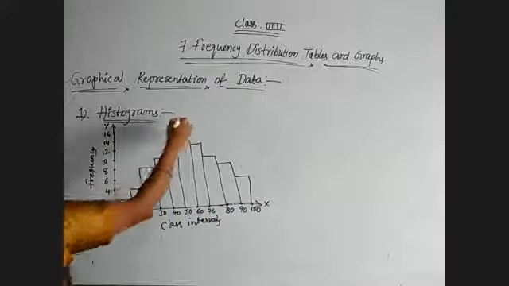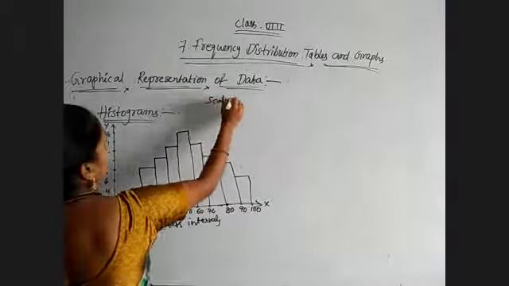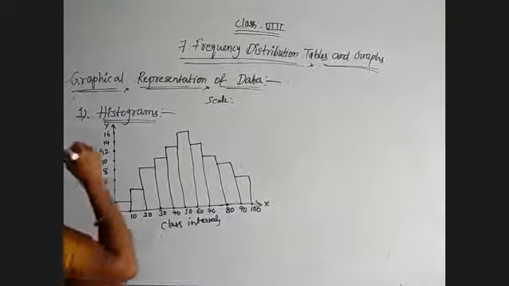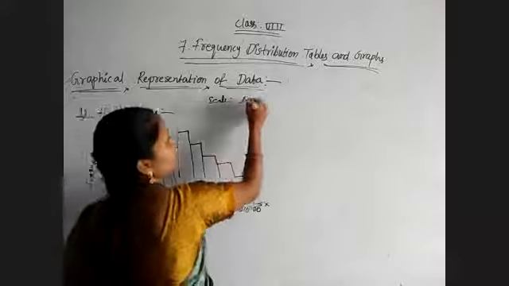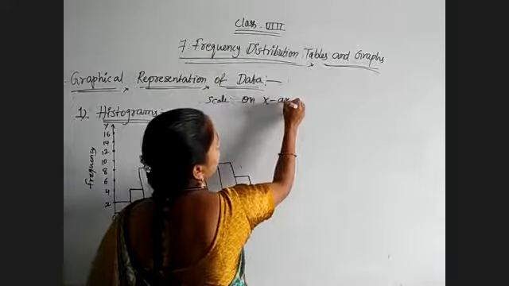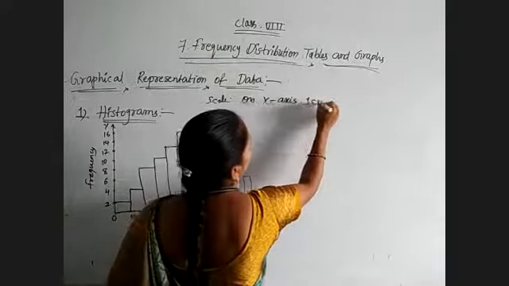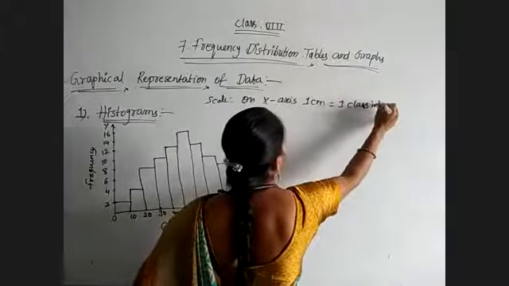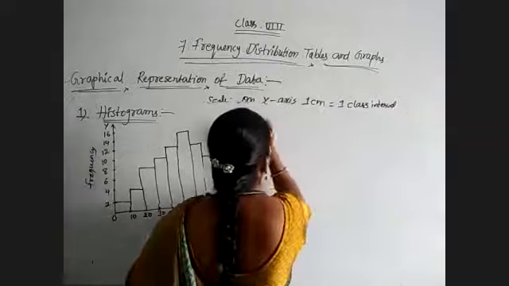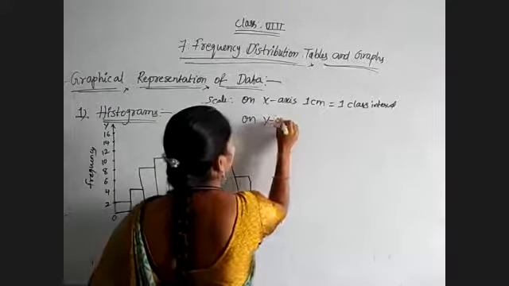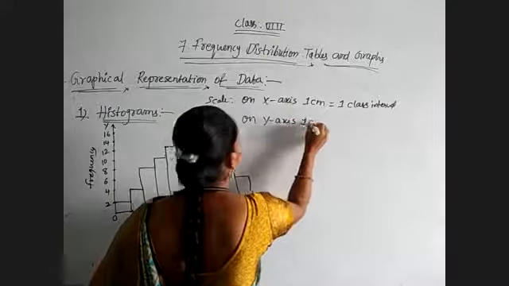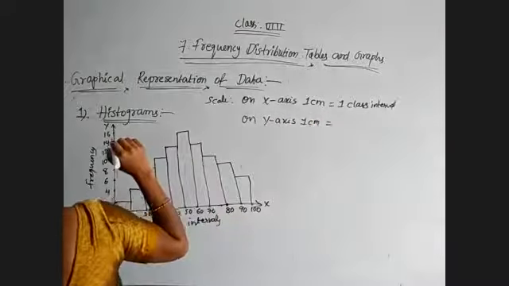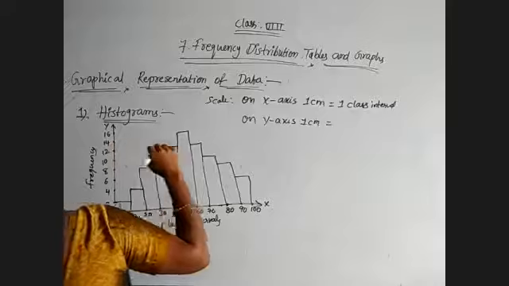And here the scale is also given. On the x-axis, 1 centimeter equals 1 class interval, and on the y-axis, 1 centimeter is equal to 2 students.